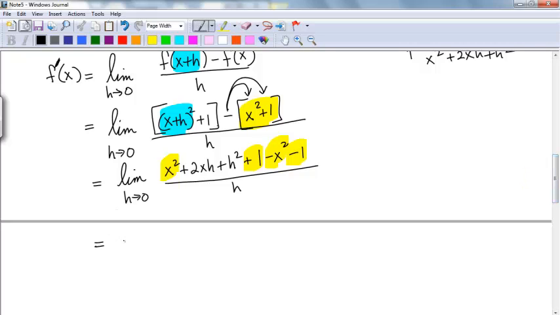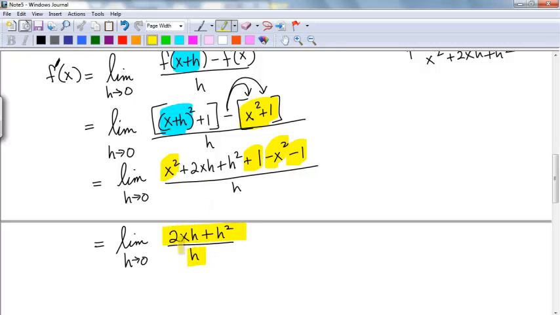Okay, so we still need the limit notation. Okay, so the x squared minus x squared, that's gone. Plus 1 minus 1, that's gone. So all I have left up in the numerator is 2xh plus h squared. And it's all over h as h approaches 0. Okay? The next step, this is a polynomial over a monomial.